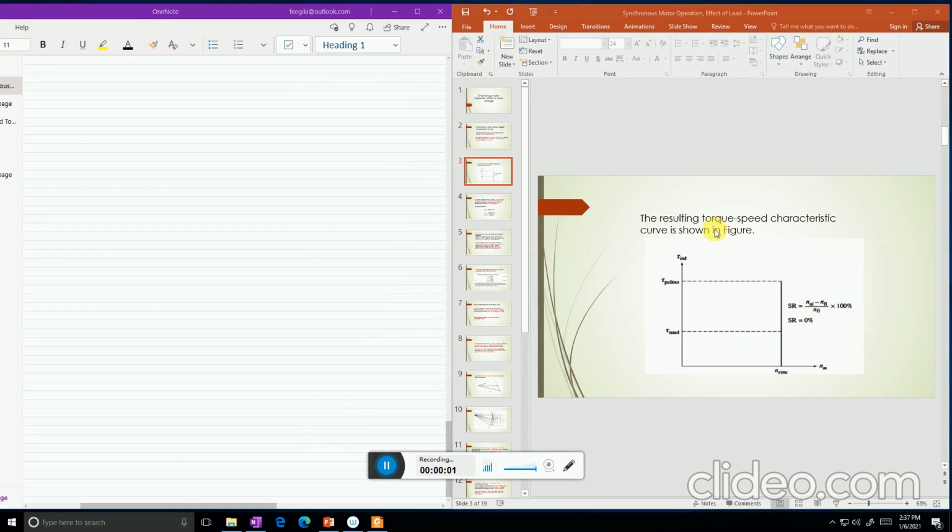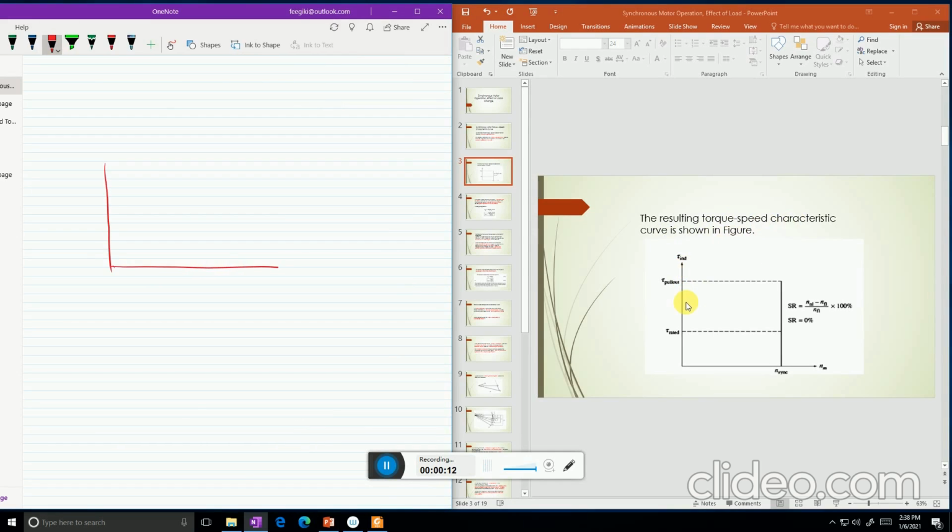So the resulting torque speed characteristic curve is shown in the figure, in which you can see the torque induced and here is the speed. The rotor is moving with synchronous speed, which is n synchronous.